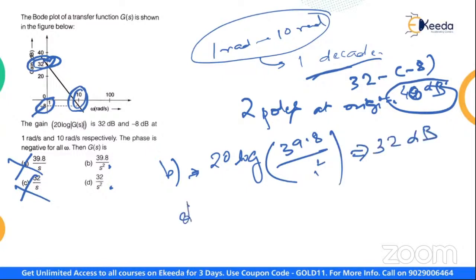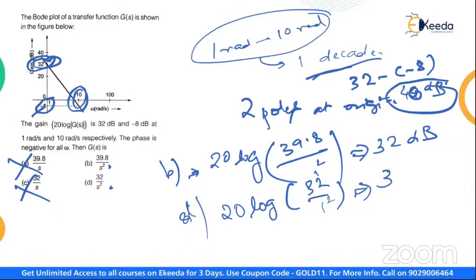And let us see next one, D. D is 20 log of 32 by 1 squared, which is equal to somewhere around 30.1 dB, approximately. So this means what is your answer? Your answer is definitely option B. Why? Because you want 32 dB, no? So your answer is option B.